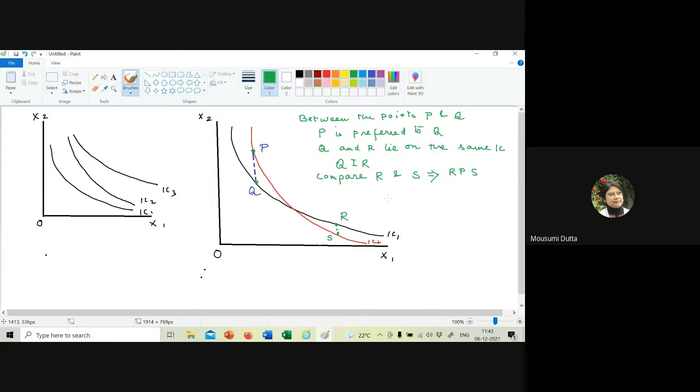Okay, so what I'm finding, P is preferred to Q, Q is indifferent with R, R is preferred to S. So transitivity will give us P is preferred to S. Are we getting this?